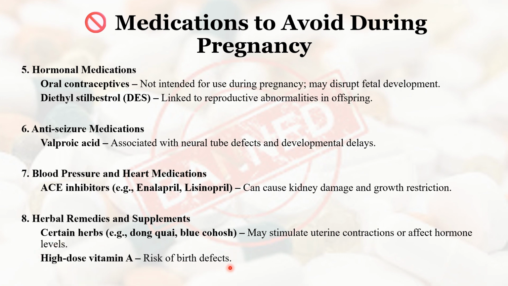Even a high dose of vitamin A carries a risk of birth defects. So whatever you do during pregnancy, make sure you take care properly by taking the right medicines. Check the medicine you are giving to the pregnant woman before taking it.